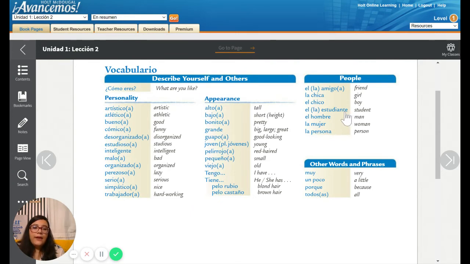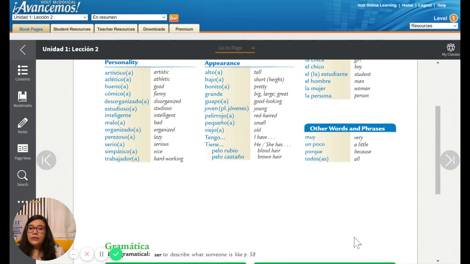So if the word ever has an E, it just stays that way. The only thing that does change is the article at the beginning, el or la, because you're describing the type of student based off of that first prefix. So either el if it's a guy student or la if it's a girl student. So that does technically change, but the word student doesn't change.